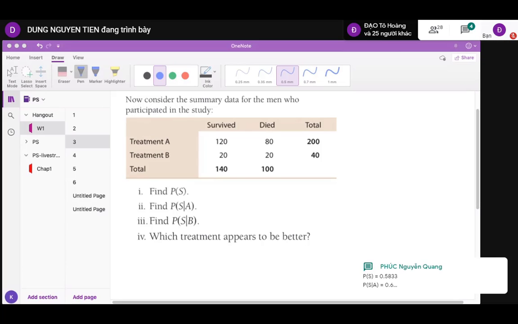What do you get? What is that? Anyone got the answer?